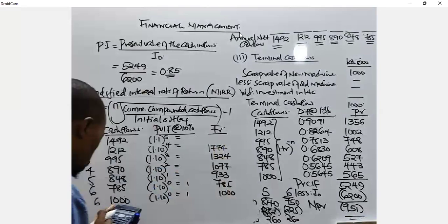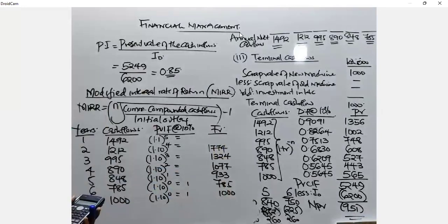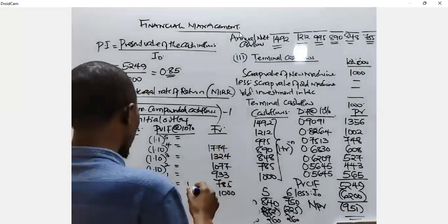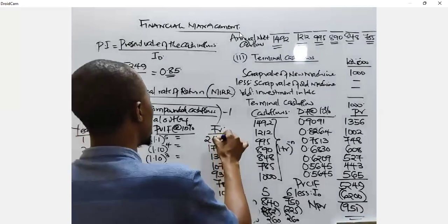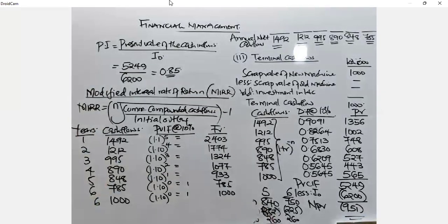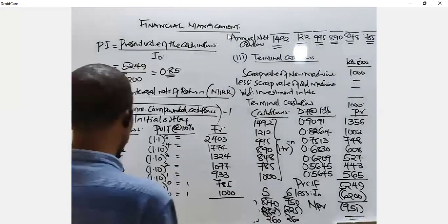Then the first one will be 1.1 raised to power 5, we multiply by 1492. We are getting 2403. So what is the cumulative compounded cash flows?